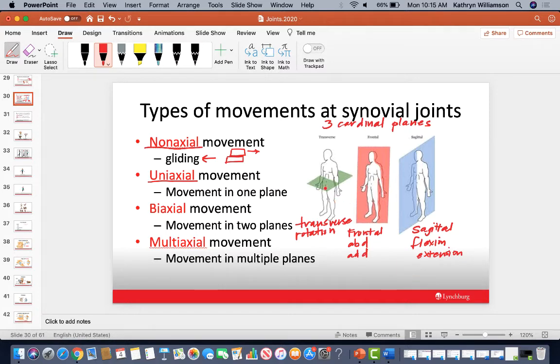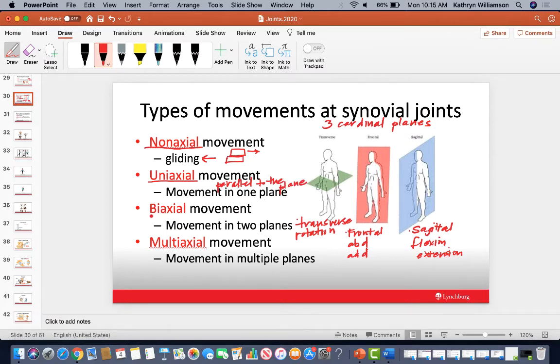But what we have are movements that happen parallel to the plane. For uniaxial movement, we're going to have movement that occurs in one plane of motion, so it's going to be either transverse plane or frontal plane or sagittal plane movement. That movement is going to be parallel to the plane that it's occurring in.